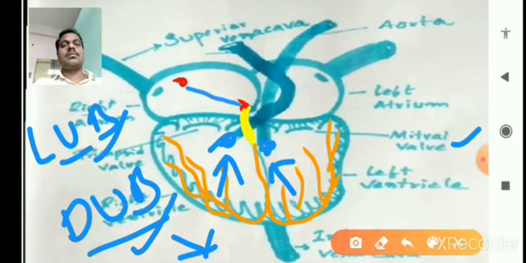So in our heartbeat, the lub is produced by the tricuspid and mitral valves, and the dub is produced by the semilunar valves which are present in the main aorta and pulmonary aorta, right?